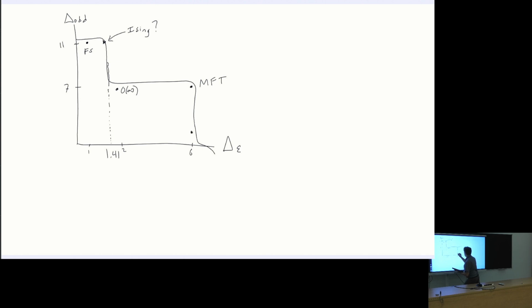Down here, there's a free Majorana fermion theory, and over here at 4, there's a Dirac free fermion. So the shape of this makes sense given where we know various theories are. But the one missing piece to describe the shape is to understand this corner, and we've conjectured that it could be the Ising CFT.